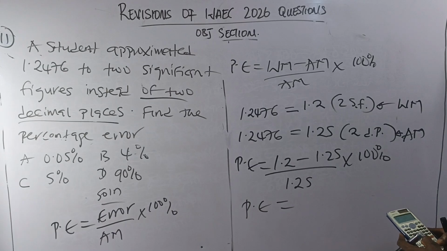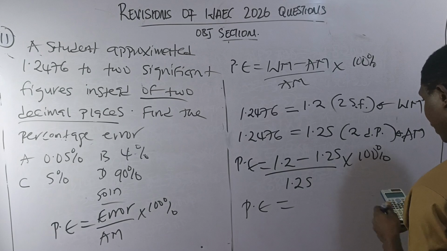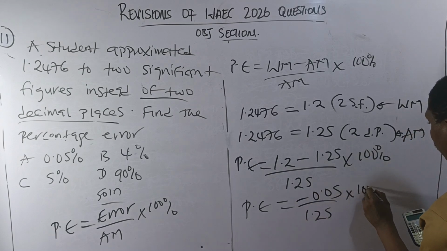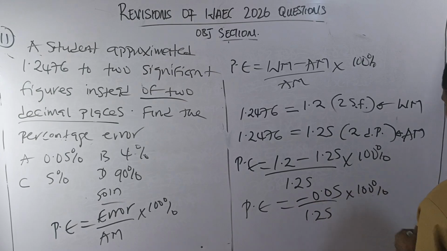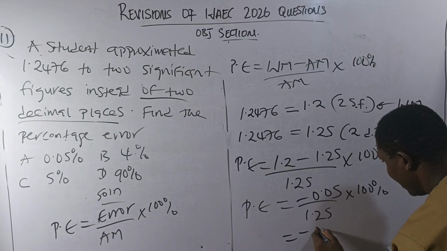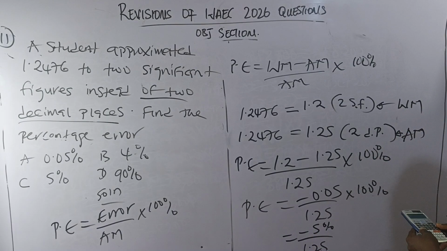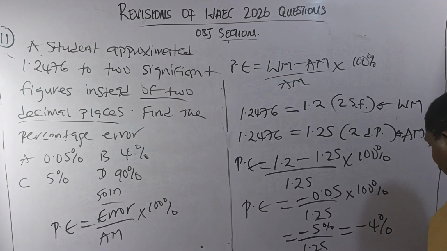This is 1.2 minus 1.25, giving me minus 0.05 all over 1.25 times 100 percent. Now if I multiply this by 100, I will have minus 5% all over 1.25. Now again, if I divide by 1.25, I will have minus 4 percent. Now, the absolute value of this minus 4% will simply give me 4%.